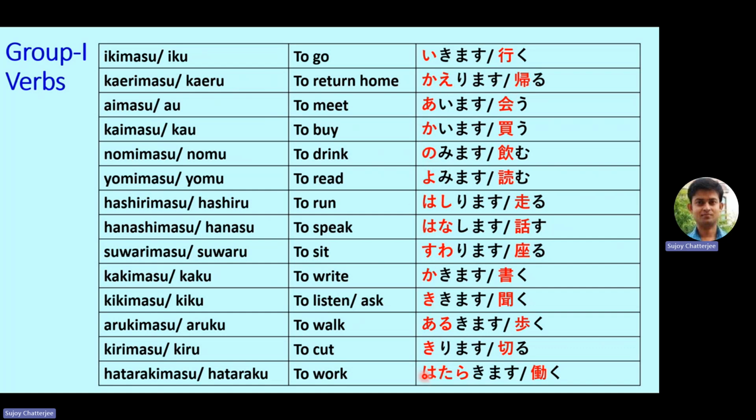So this is not correct in the formal language sense. This may not give any meaning if you write in hiragana. Then we have kirimas means to cut and hatarakimas which means to work. Hataraku is the stem verb. So you can see the kanji which gets replaced by this hiragana hatara and ku becomes kimas.